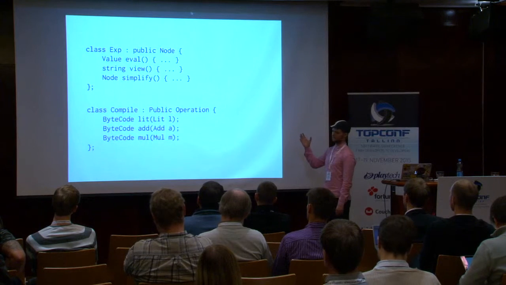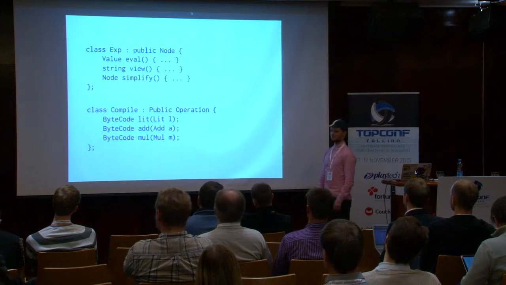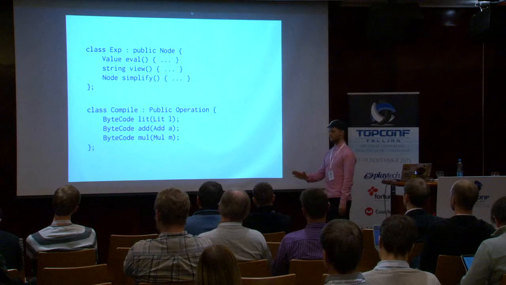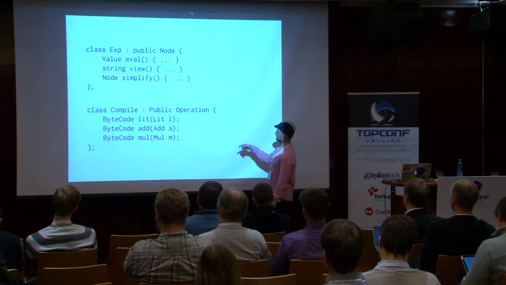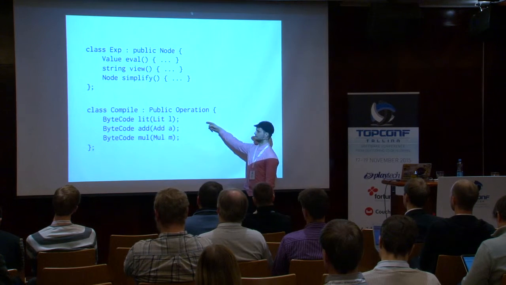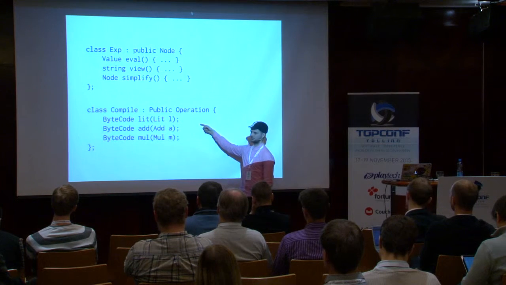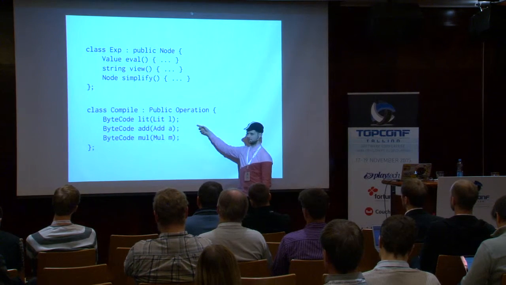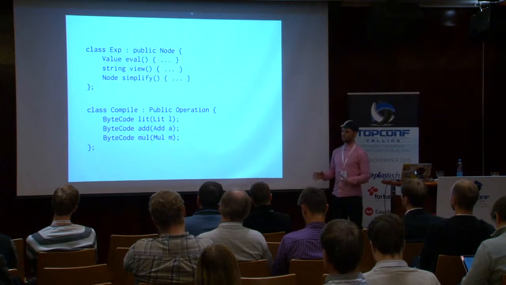Like the node interface has all those operations. Easy, one way easy. If you want to do the other way around, then we'll have an operation interface and it will work with a constant set of operations or nodes. But what will you do if you want to go both ways?